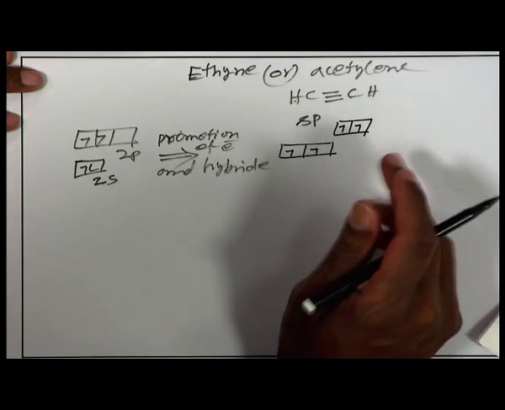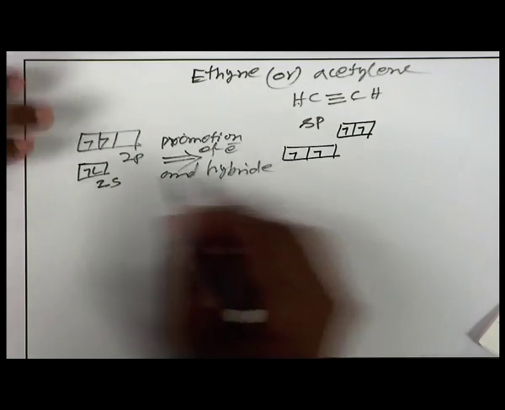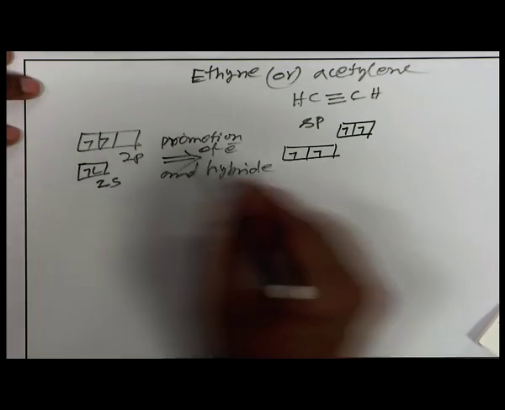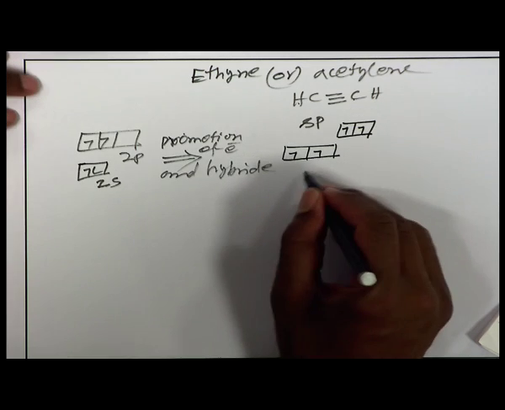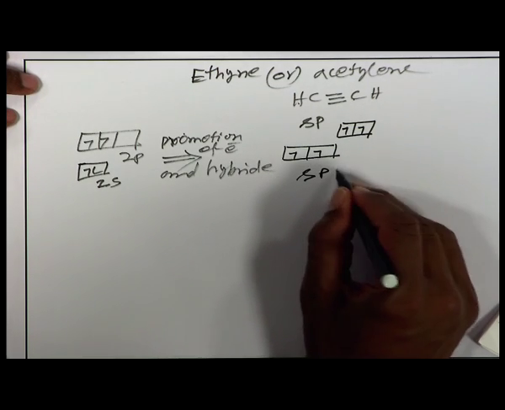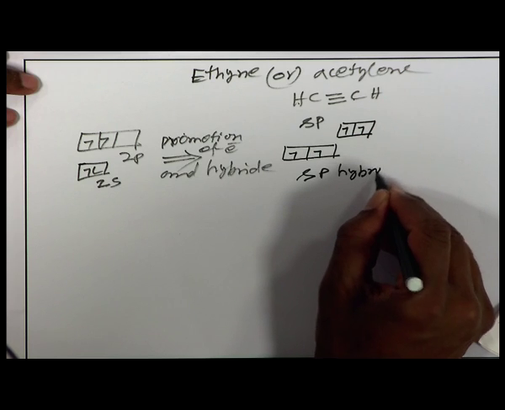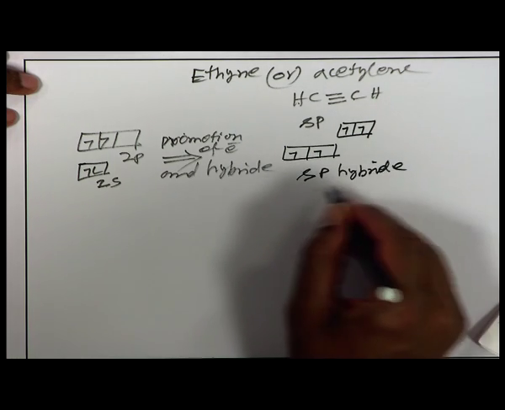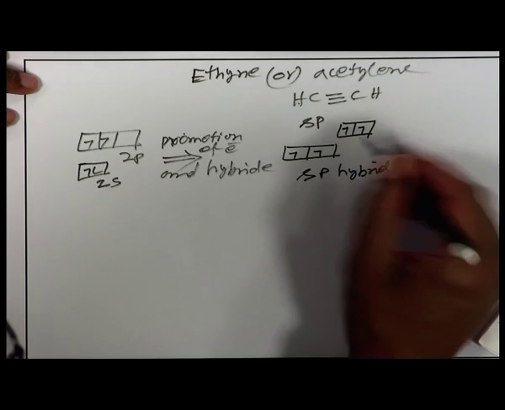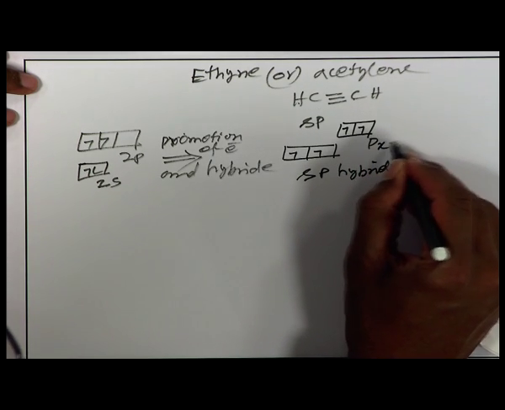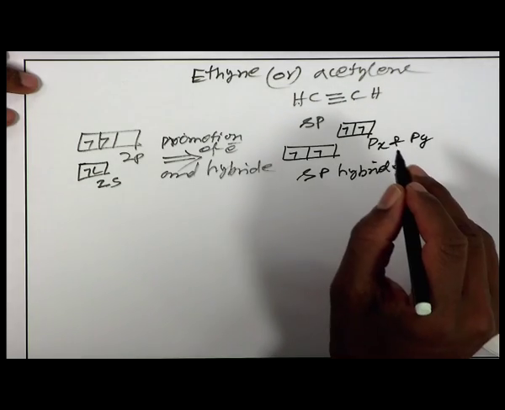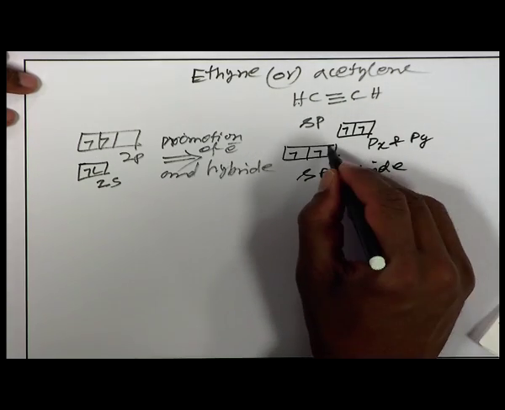but the energy levels are changed. So 2 of them are sp hybridized orbitals. Here are the pure p orbitals, px and py, which are not hybridized.